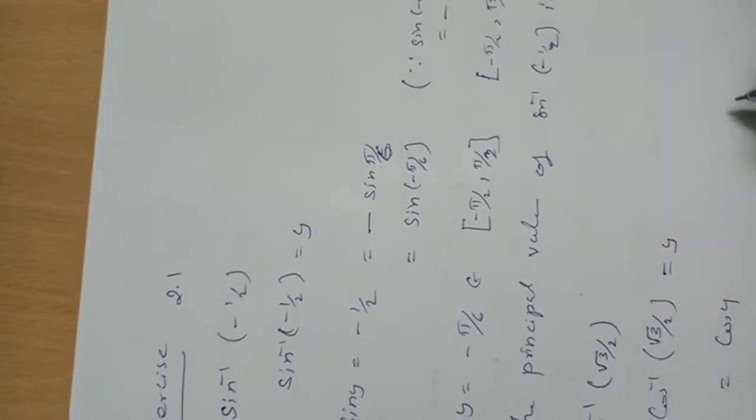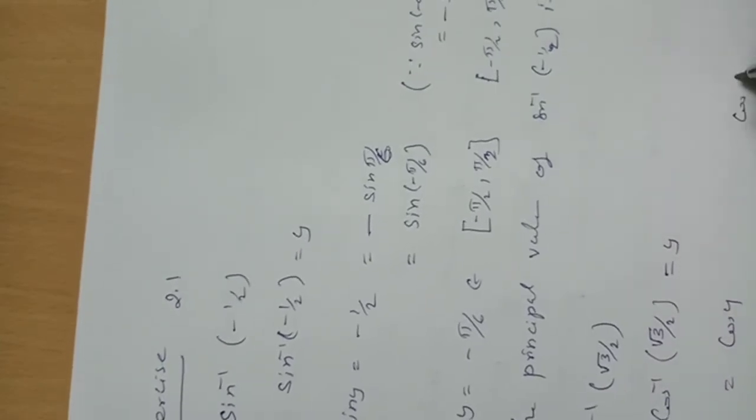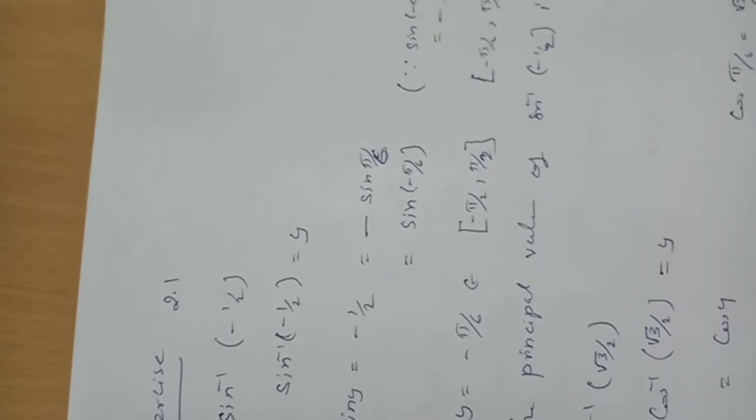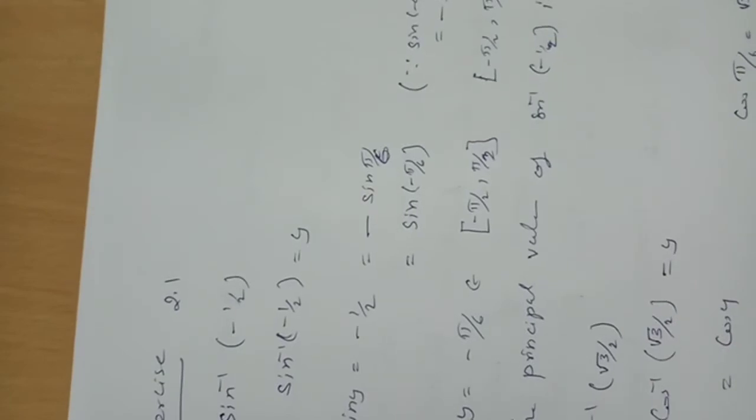So cos y is equal to root 3 by 2. For what angle of cos are we getting root 3 by 2? Cos pi by 6, 30 degrees, is equal to root 3 by 2. So root 3 by 2 equals cos pi by 6. Now comparing the angles, y is equal to pi by 6.